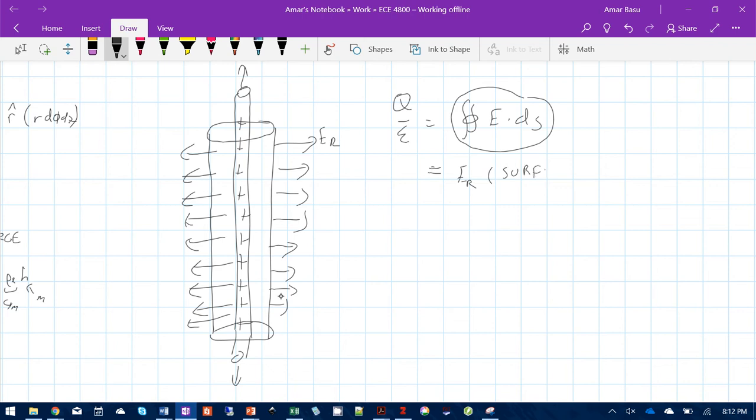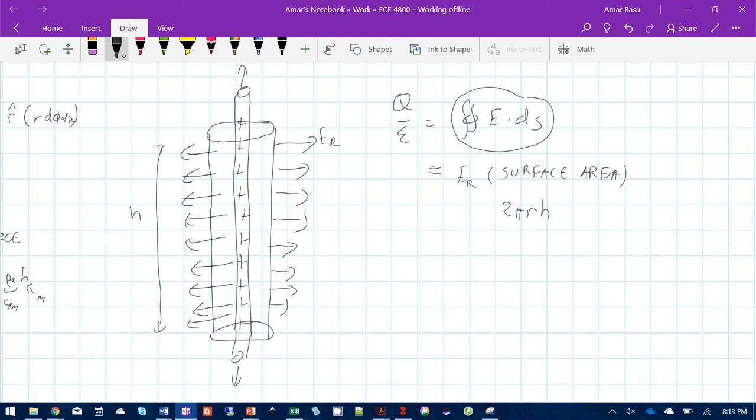What is the surface area in this case? We have a cylinder of height h. The surface area is equal to 2 pi r h. We're taking the surface area of the outside part of the cylinder, not the top and bottom, just the outside part.